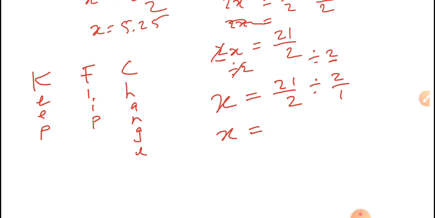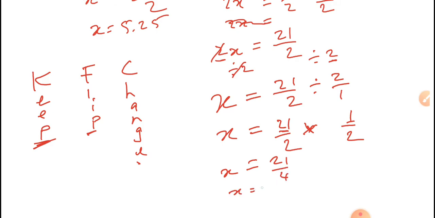We keep the first fraction, that's what the K stands for, and then the flip means the second fraction turns upside down. So instead of 2 over 1, I'm going to flip it upside down, and then change the sign from divide to times. Now we can just multiply across, so x is equal to 21 times 1 is 21, and 2 times 2 is 4. So x is equal to 21 over 4.